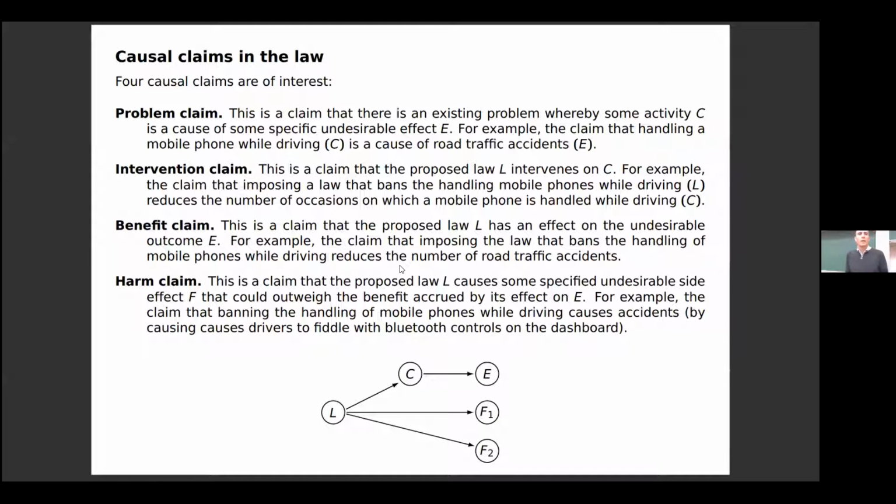First of all, we need to show that there's some problem that needs to be solved by the law. So we need to show there's an existing problem whereby some activity C is a cause of some undesirable effect E. For example, in the UK, using handheld mobile phones was banned while driving because of a perceived problem that using handheld mobile phones causes road traffic accidents.